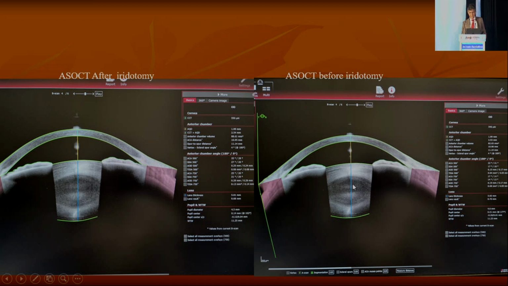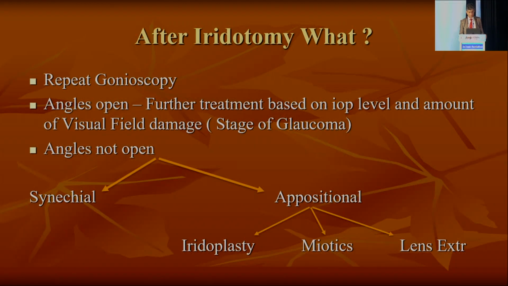The lens thickness is high in this case, 5 point something millimeters, so that is quite a large lens. You can see that the contour of the iris is showing bulging. After iridotomy, the contour of the iris is very much following the contour of the lens. The bulge is gone, and the anterior chamber volume has also increased. So anterior segment OCT is very useful in identifying, as I will come to, the lens factor. Let's finish the iridotomy first.